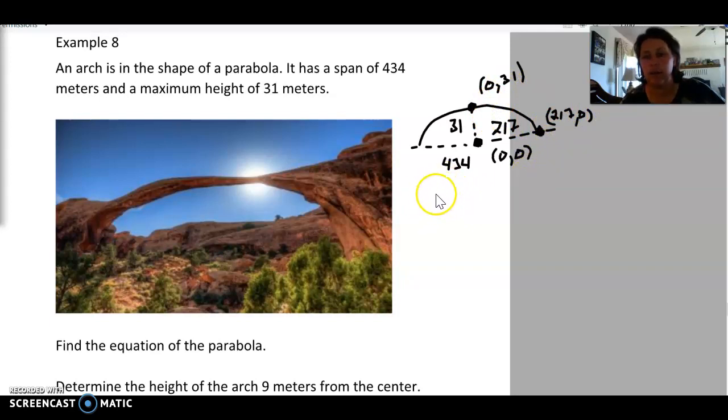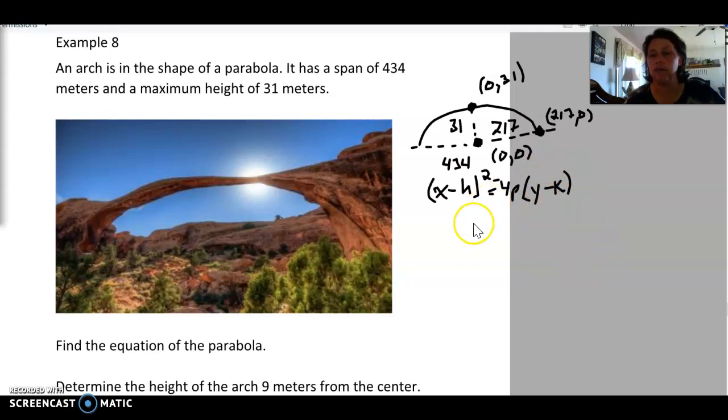Know that my equation is going to be in the format of x minus h squared equals 4p times y minus k. Because it's opening down, this is going to be negative, so it's going to be a negative 4p. It's opening in the y direction, so that's why my y is over here on the right hand side. And let's go ahead and plug stuff in.